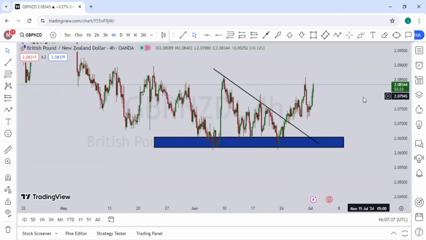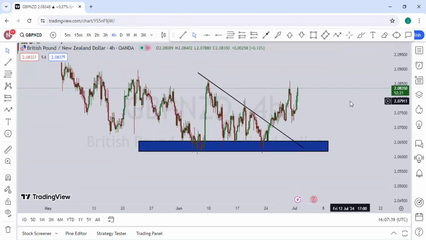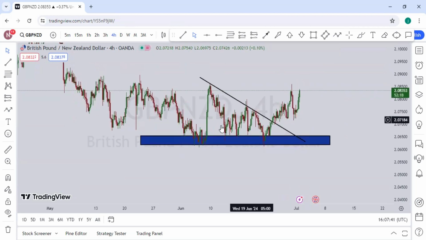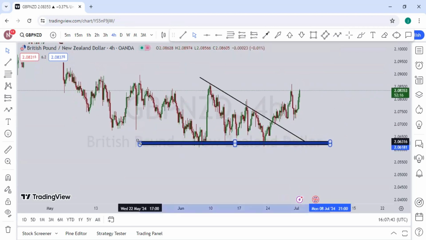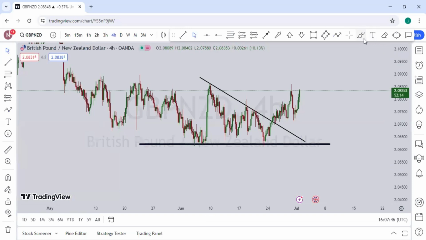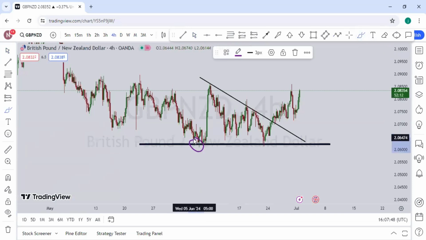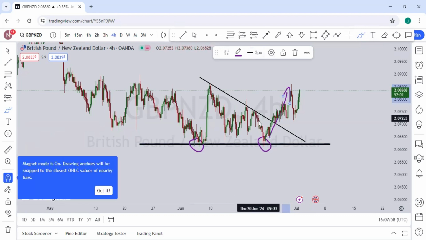So here I used 4 hour as my major time frame. You can see very clearly that we have a level here and a level here, so this is a double bottom. The market broke my trend line.